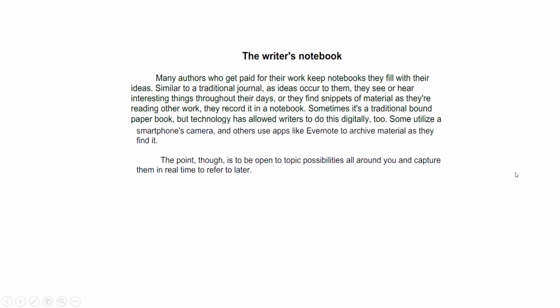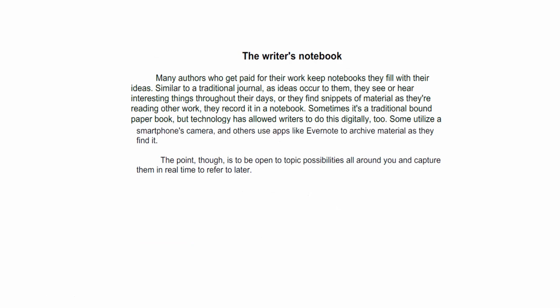And we have the writer's notebook. Many authors who get paid for their work keep notebooks they fill with their ideas. Similar to a traditional journal, as ideas occur to them, they see or hear interesting things throughout their days, or they find snippets of material as they're reading other work, then record it in a notebook.